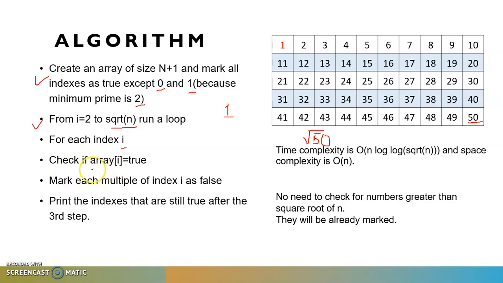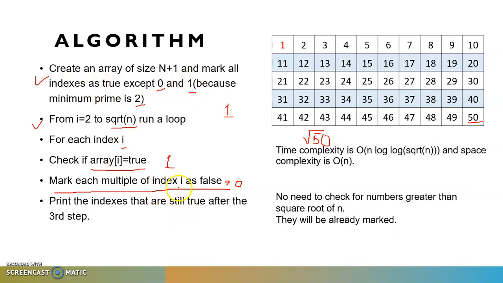So check if array of I is true, that means array of I is 1, then for that particular number find out all the multiples of that index number. If you got the multiples, then mark those multiples as 0, because already we have marked all the numbers as 1 in the first step itself.